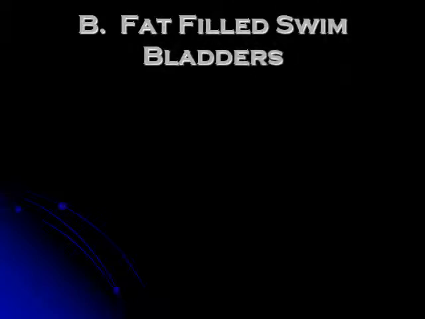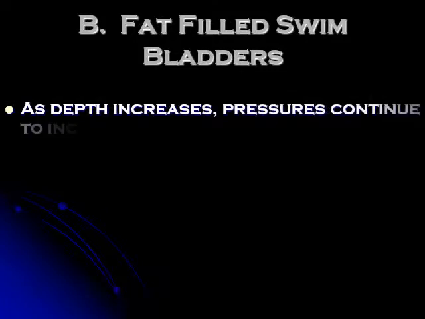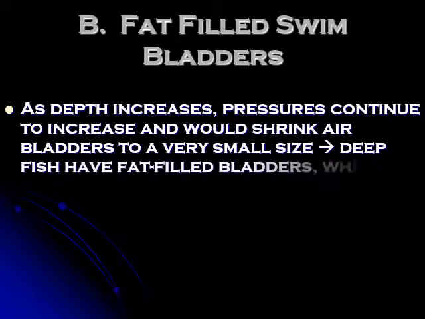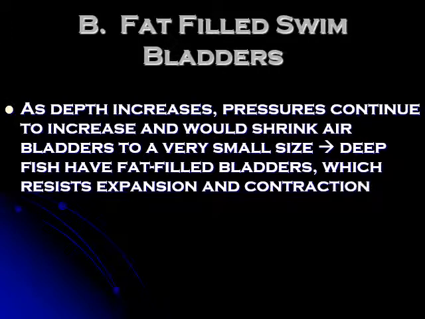So we also have another type of bladder, and it's a fat-filled swim bladder. As depth increases, pressure continues to increase and would shrink air bladders to a very, very small size. So deep fish have a fat-filled bladder which resists expansion and contraction.